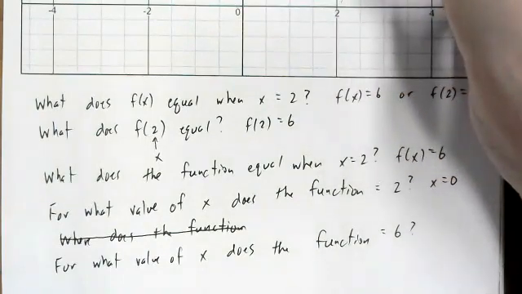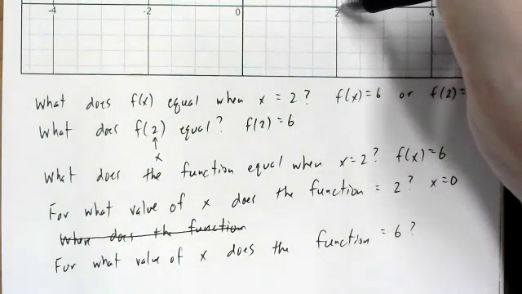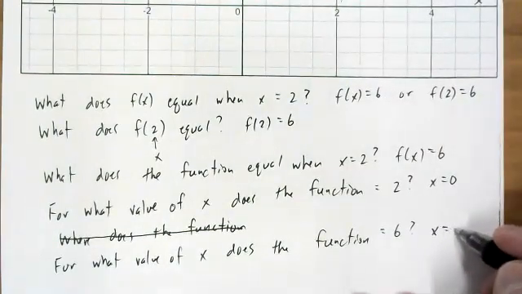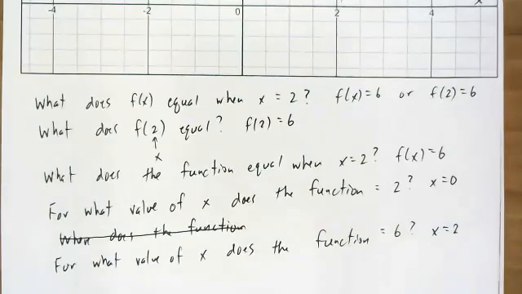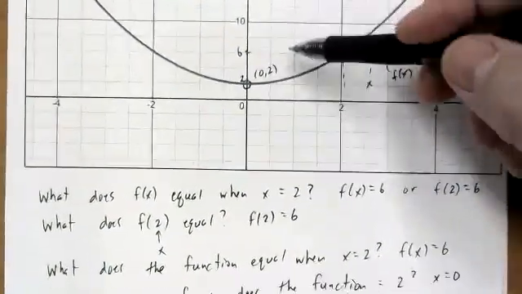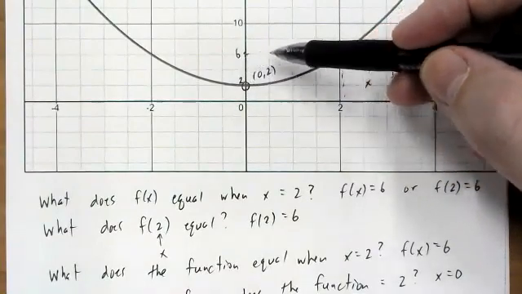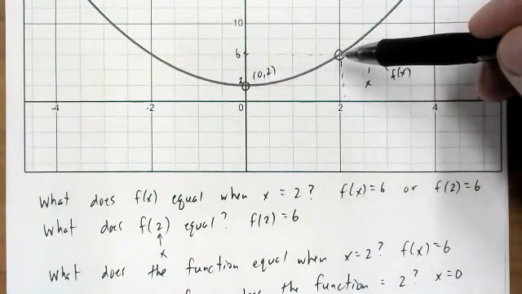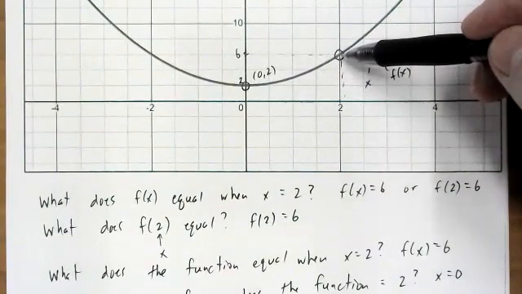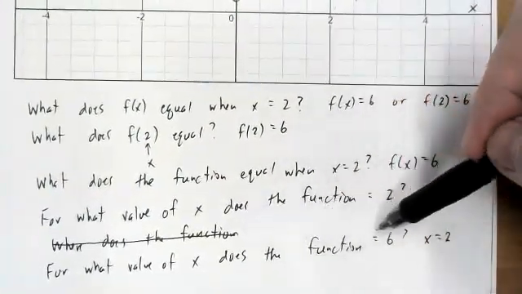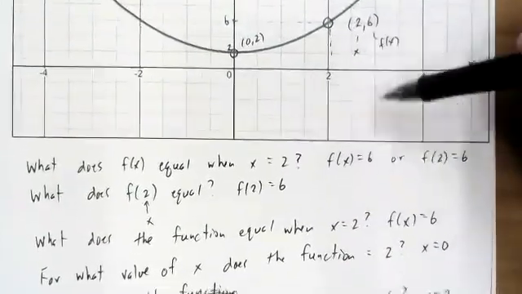So the function is 6 is right here, and what's my value of x? 2. Oh, sorry, you couldn't see that. So once again, I'm going to where the function is 6, and then I move across to get on my graph, and I say, at this point on the graph, what's the value of x? 2. So therefore, for what value of x does the function equal 6? X equals 2.